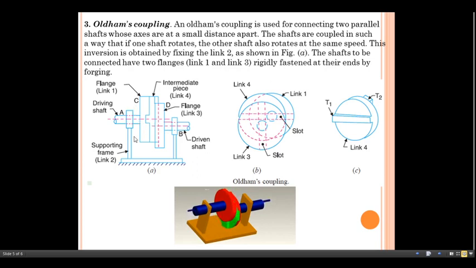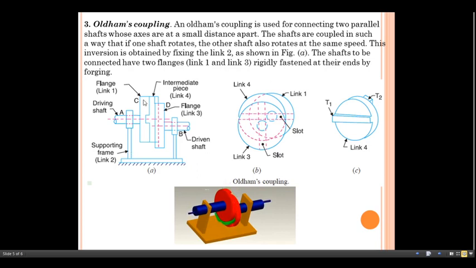The shafts are coupled in such a way that if one shaft rotates, the other shaft also rotates at the same speed. This inversion is obtained by fixing link number 2. So here is the supporting frame. The shafts to be connected have two flanges.